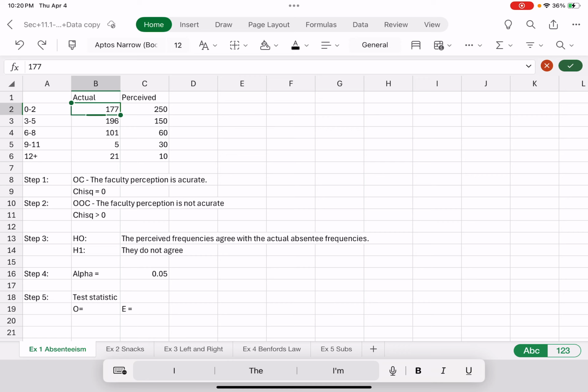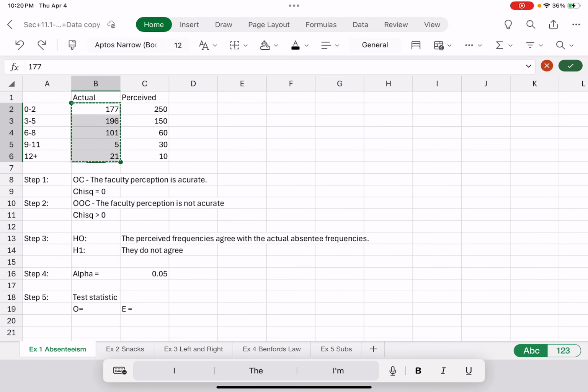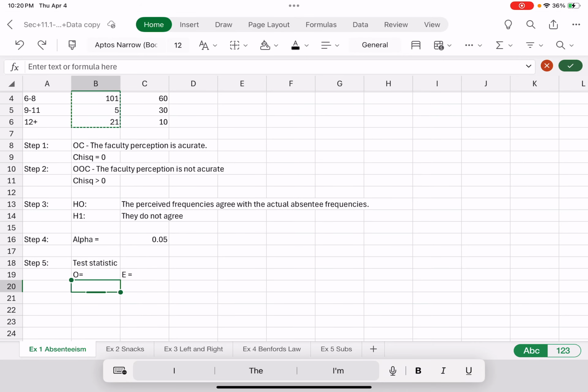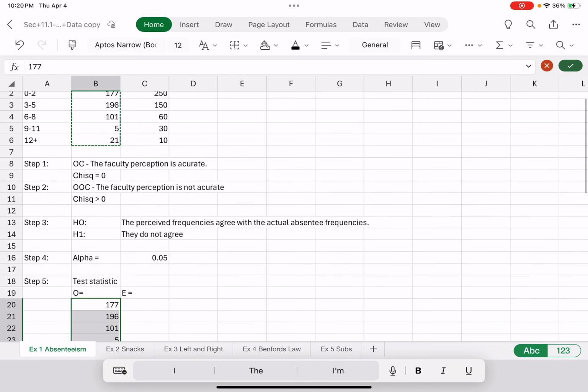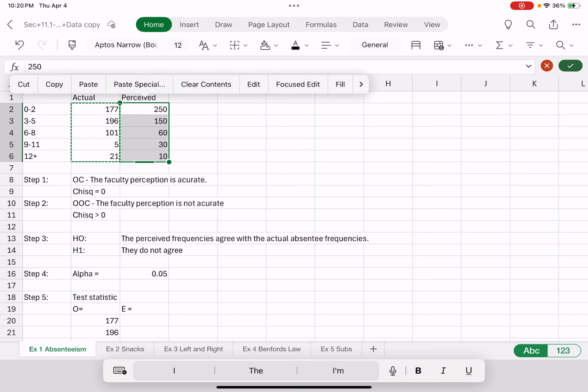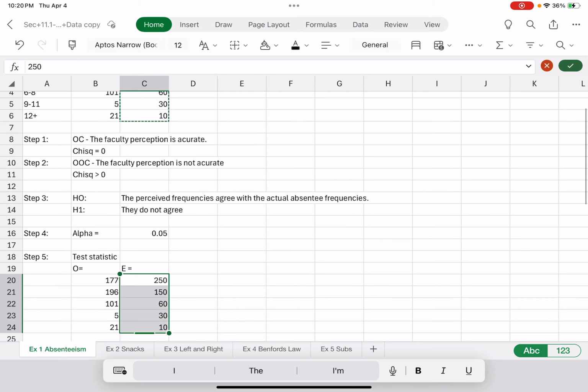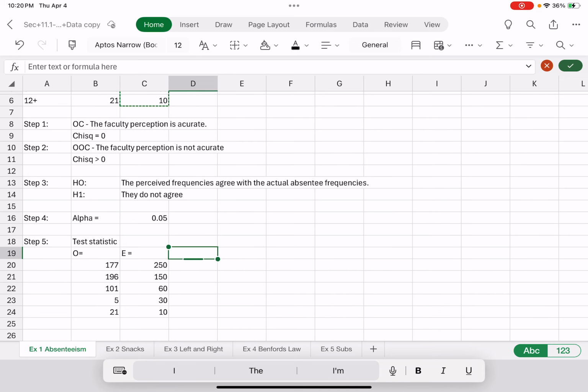Okay, good. Now, are these observed, or are these the actual? Those are the ones that were observed. So Command C, Command V, paste that. And now these are the perceived, these are the expected. Command C, come over here, Command V. Great. So those are copied and pasted.